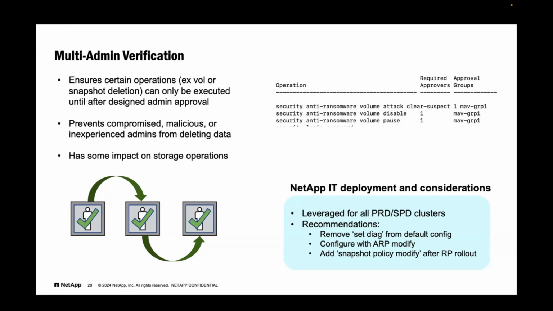In our case, we have started deploying this across all of our clusters, where for now we are just having controls to prevent changing the ARP policy and the snapshot policy. But we are working on extending the controls.